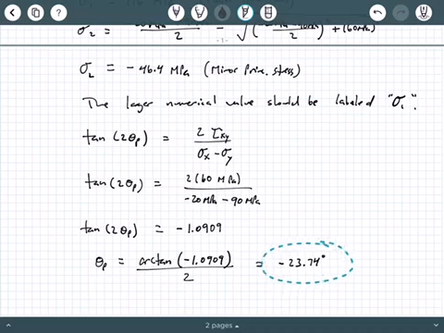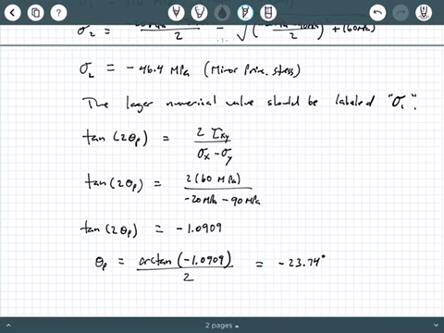So here's what I suggest, and in mechanics of materials, we went over this. You need to call this number that you just calculated either theta p1 or theta p2. It doesn't really matter. You call it one of those two values, and then you add 90, and you get the other value.